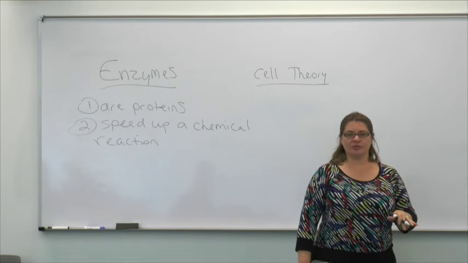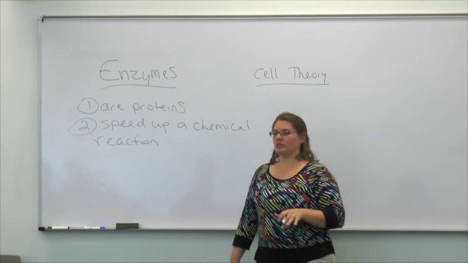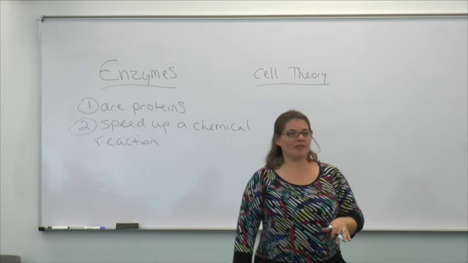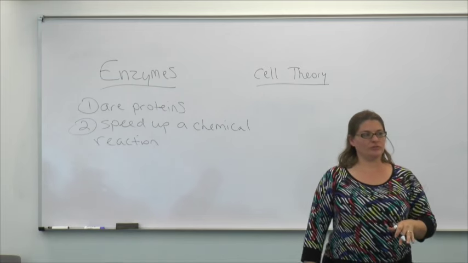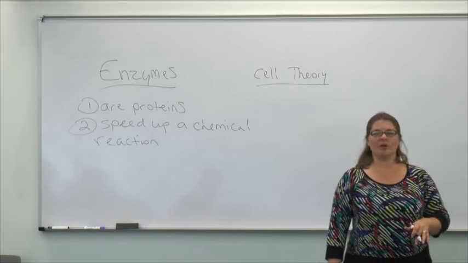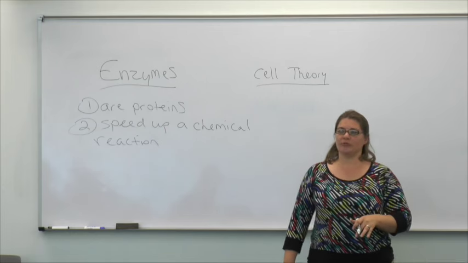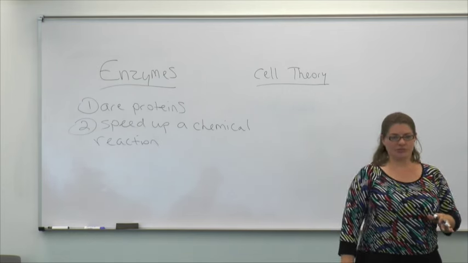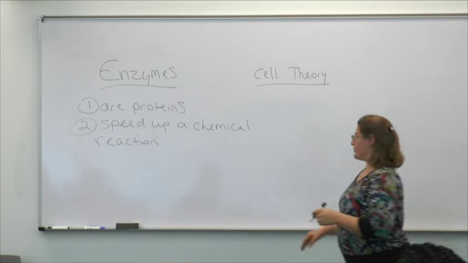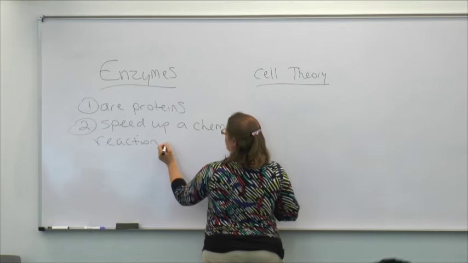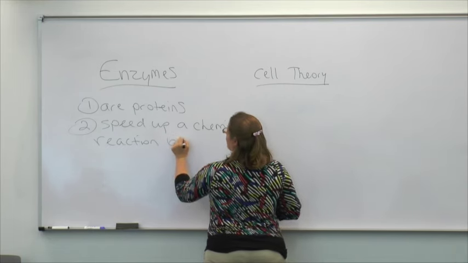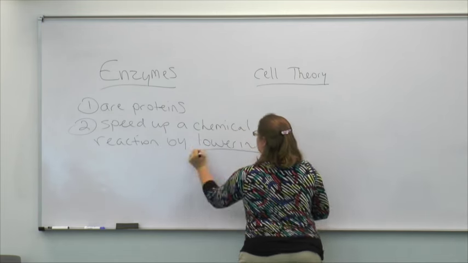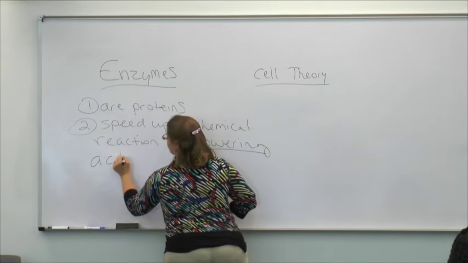That's important. So raising or lowering the activation energy. How do enzymes speed up a chemical reaction? By raising the activation energy or by lowering the activation energy? Lowering. Okay? So enzymes speed up a chemical reaction by lowering the activation energy.